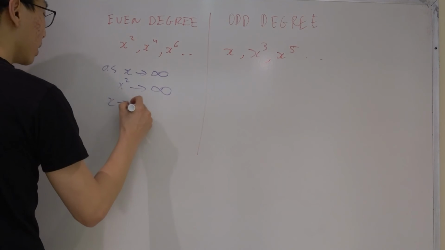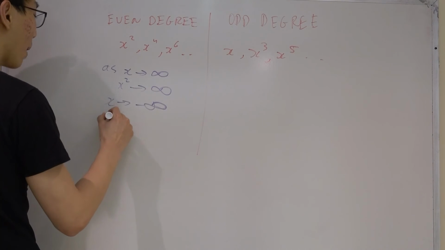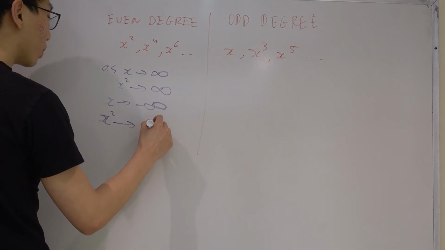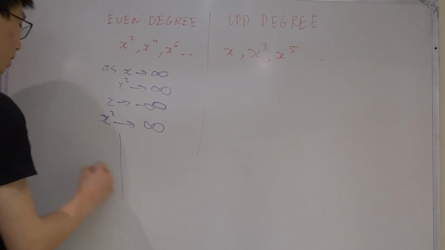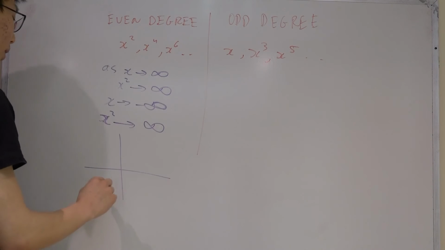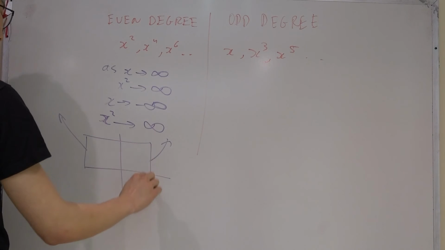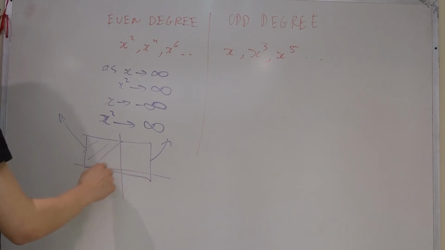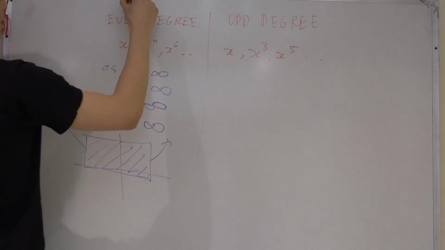So as x gets more and more negative, as x approaches negative infinity, it happens that x squared also approaches infinity, not negative infinity. So in general, the graphs of these even degree polynomials will end up going to infinity at the very ends. Some interesting stuff might happen inside this box, but we don't care about that right now. We just care about what happens at the very end, and this is called end behavior.